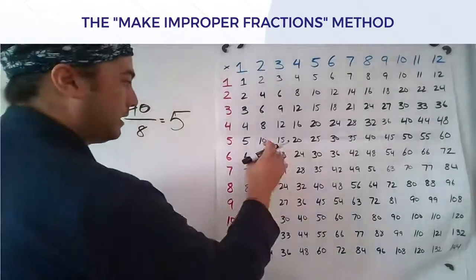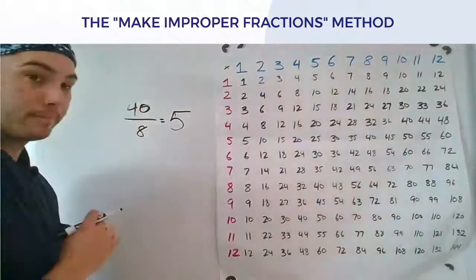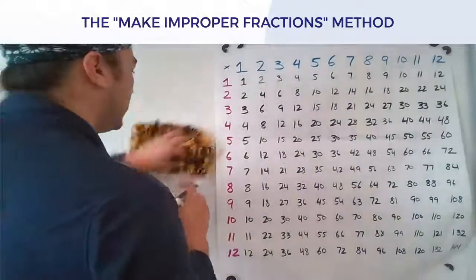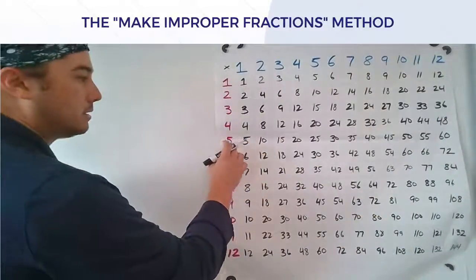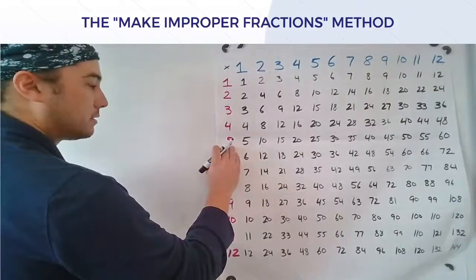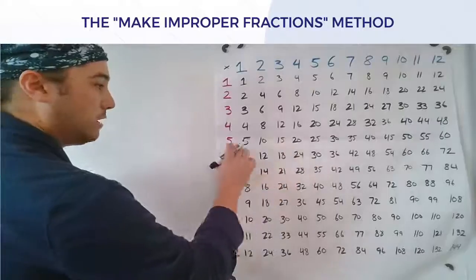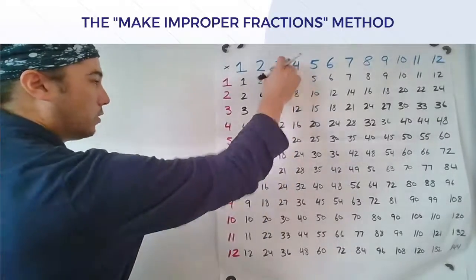Okay, just like 10/5 equals 2. Okay, and this is true straight down those rows. 10/5 equals 2. 15/5 is equivalent to 3. 20/5 is equivalent to 4.